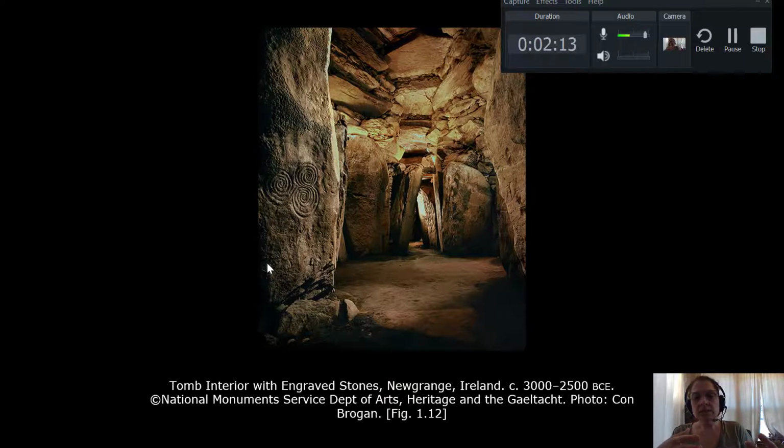Spirals like this appear in many early civilizations, and they usually have something to do with the cycles of life, the reoccurrence of birth and death, the seasons, something like that, right? And because this is a burial chamber where people were buried, we can make the assumption that maybe it has something to do with that. But again, no written language, so we really can't tell for sure.